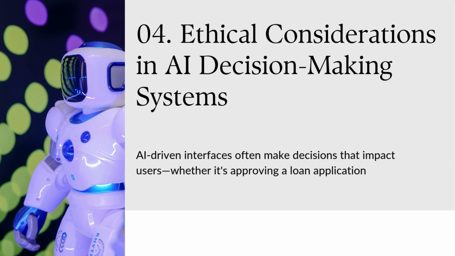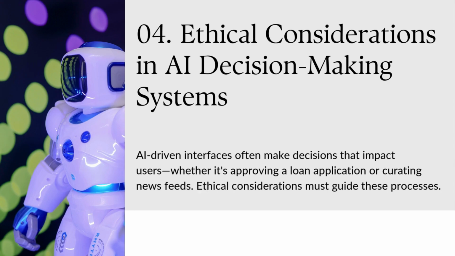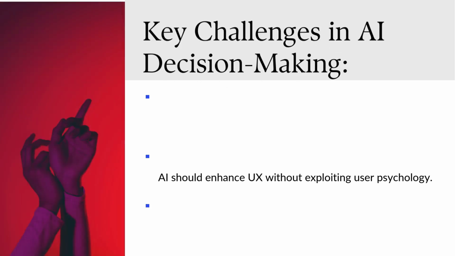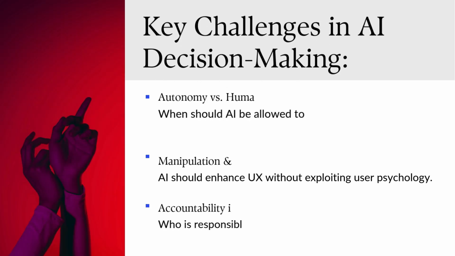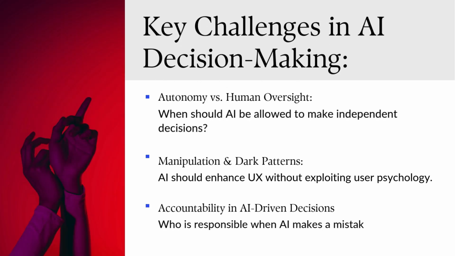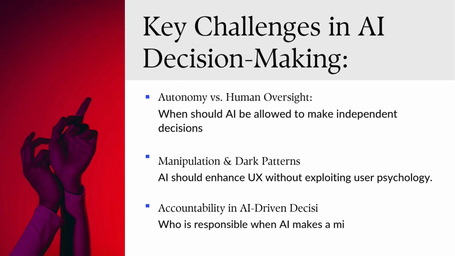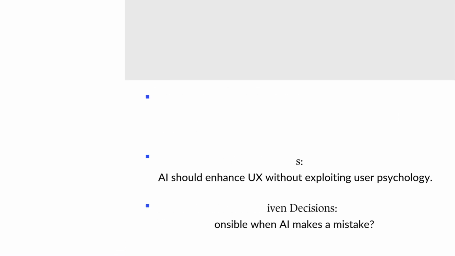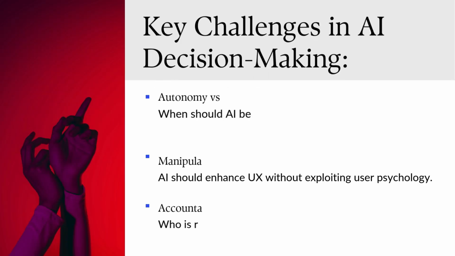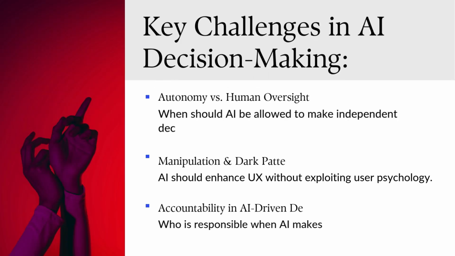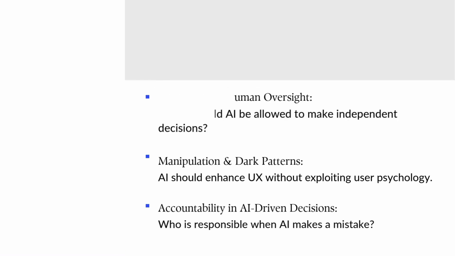So guys, let's go ahead to talk about some of the key challenges in AI decision making. First is autonomy versus human oversight, which makes us ask questions like, when should AI be allowed to make independent decisions?